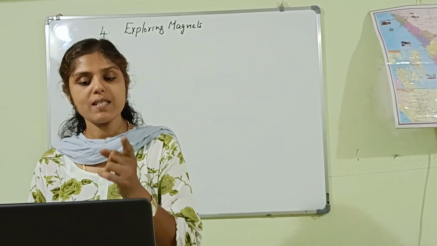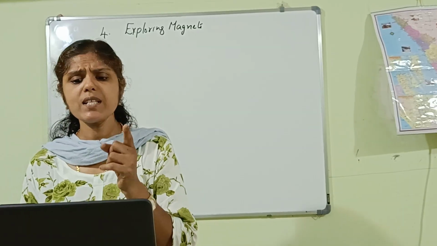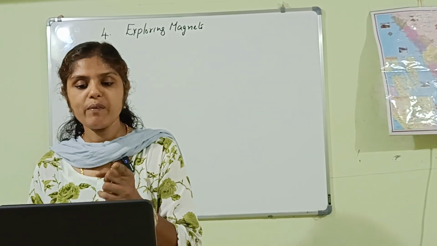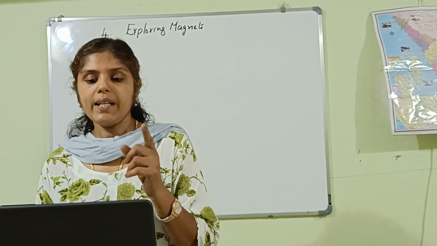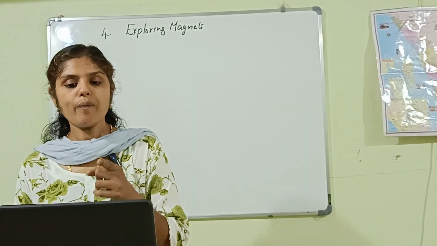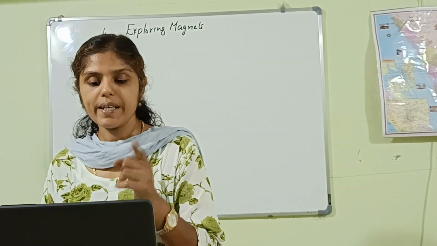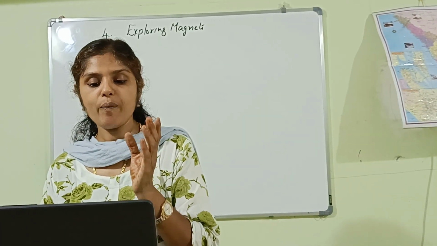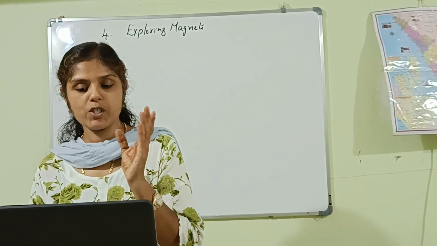So this statement is wrong. Iron filings mostly stick near the poles of the bar magnet which is brought near them. Then, a freely suspended bar magnet always aligns with the north-south direction. That is right.